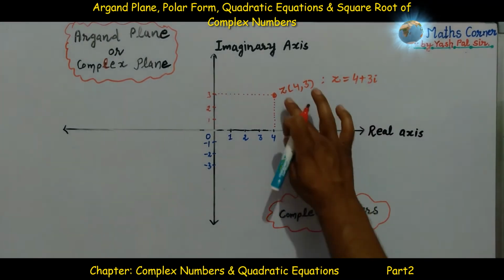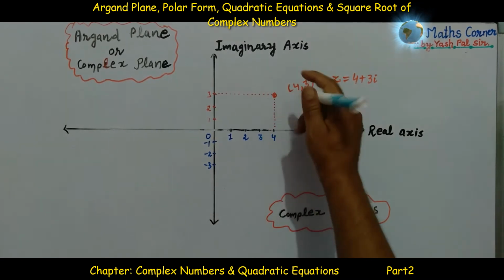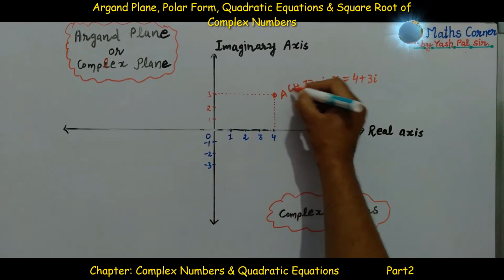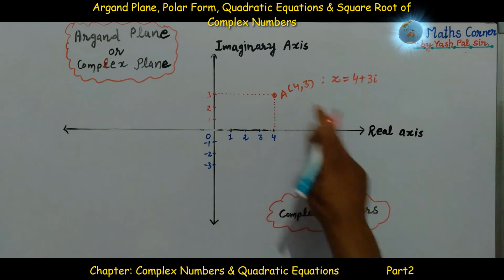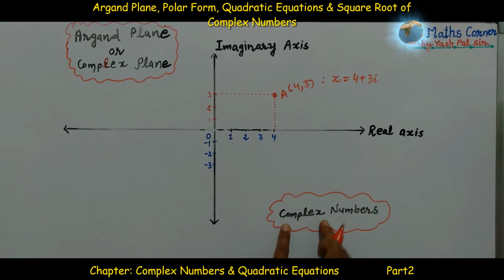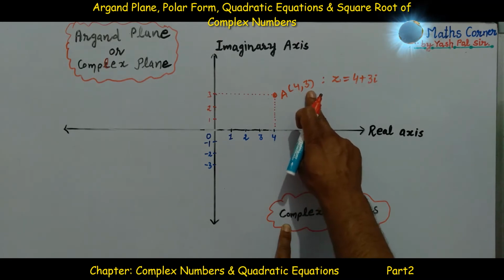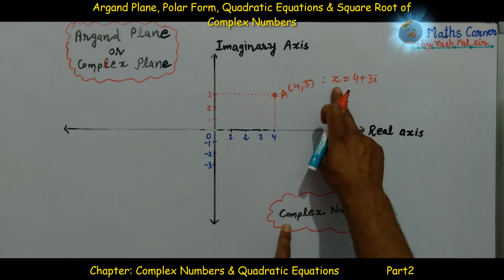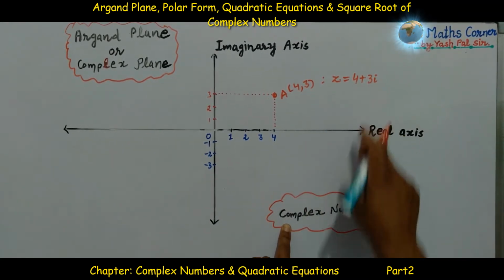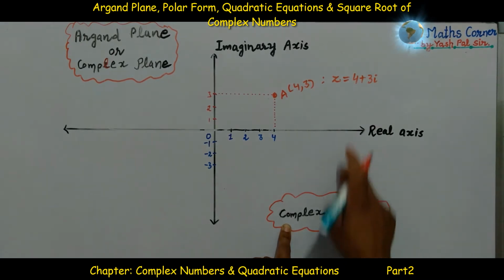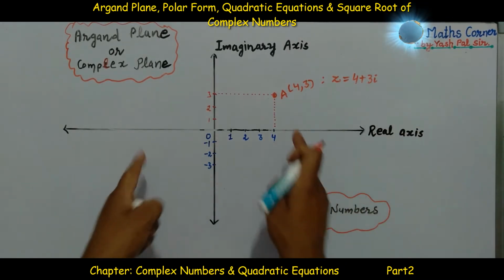In place of z we can name this any other point, suppose this is point A. So in the form of a complex number, this point A having the coordinates 4 comma 3 is z equal to 4 plus 3 iota. This is how we can write this number geometrically.